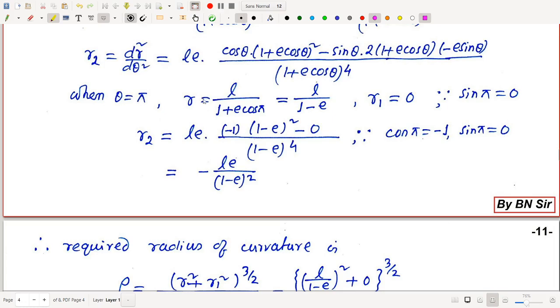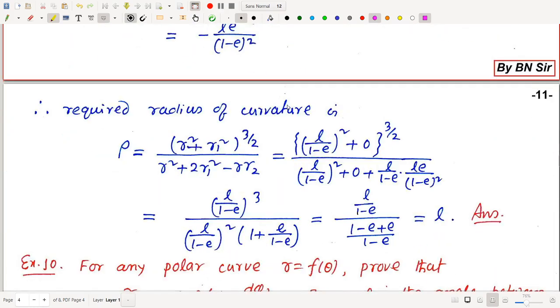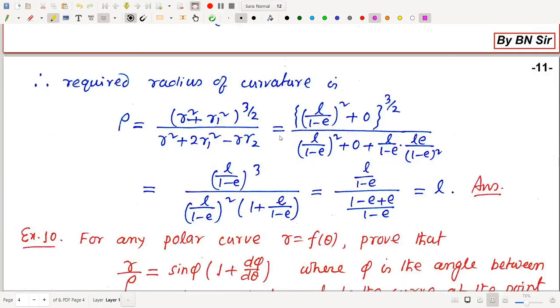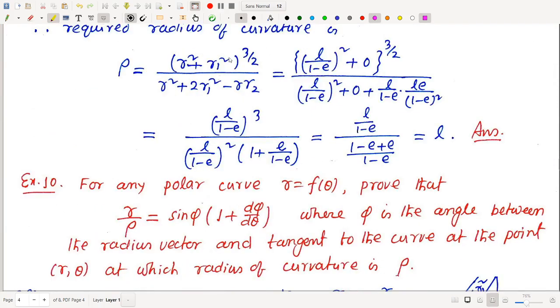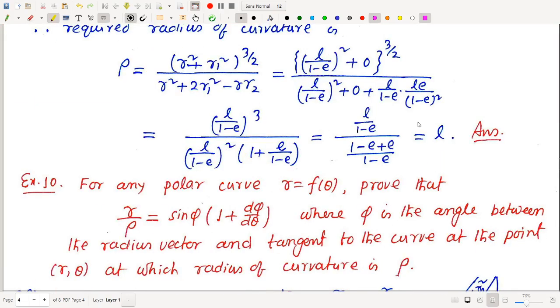So r, r1, r2 values are obtained at the point theta equal to pi. Therefore the required radius of curvature is rho equal to, the formula for radius of curvature in polar coordinates we have used here. The value of r is L by 1 minus e, square, r1 is 0, and then the value of r2 is L e by (1 minus e) square with a minus sign. So that's why this becomes plus.